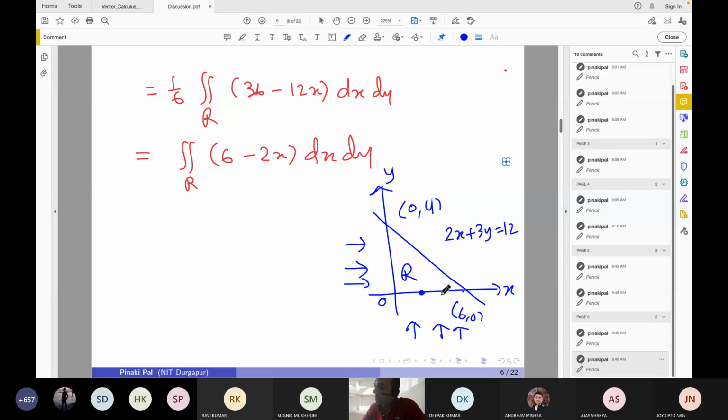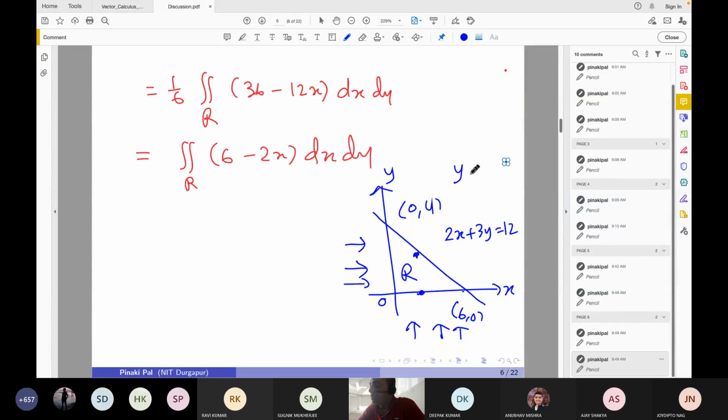So for example, for a particular value of x in this region, y is varying from the lower curve, that means y is equal to 0, to this line. The minimum value will lie on y is equal to 0, and the maximum value for each value of x will lie on this line.